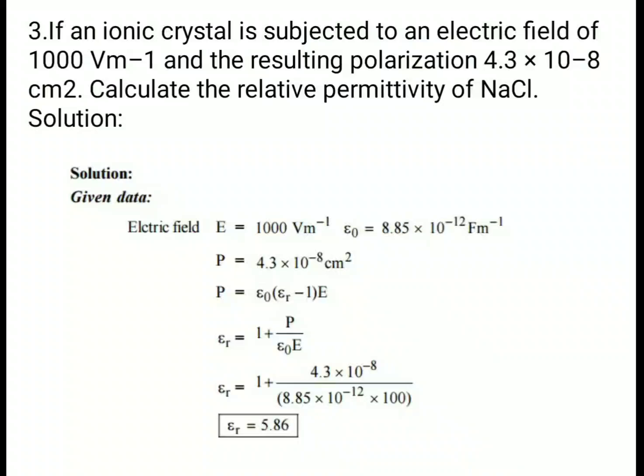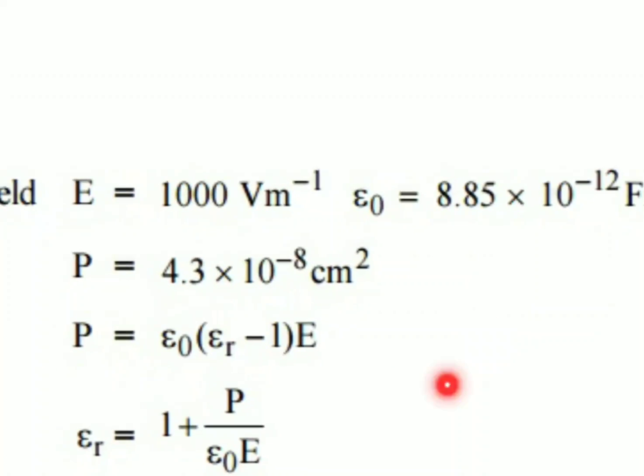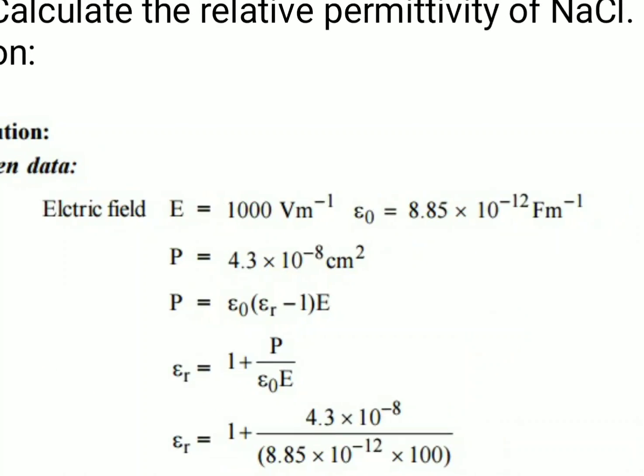Now given data: here the electric field intensity value is 1000 volt per meter, and epsilon naught is a constant value equal to 8.854 into 10 power minus 12, and polarization P is equal to 4.3 into 10 power minus 8 centimeter square.